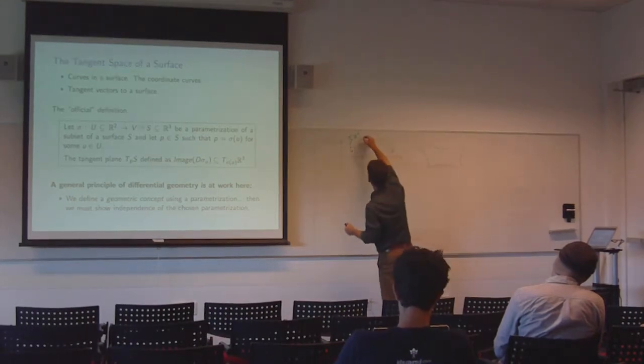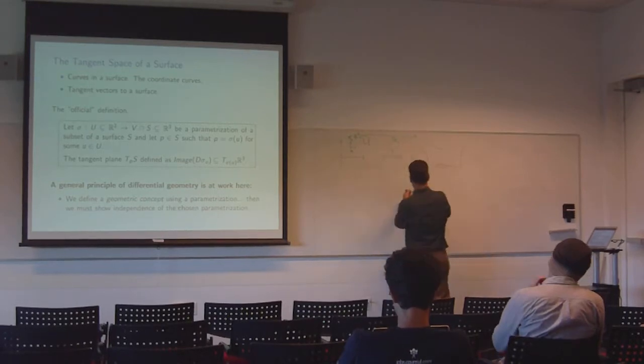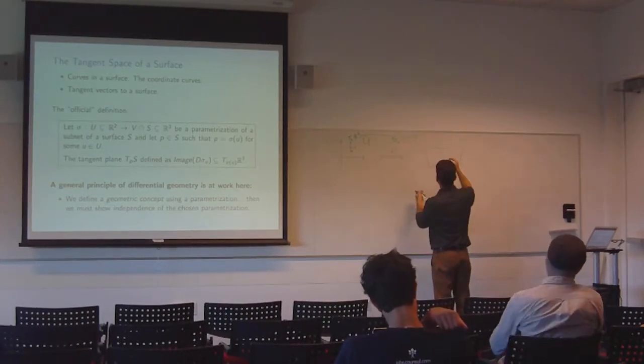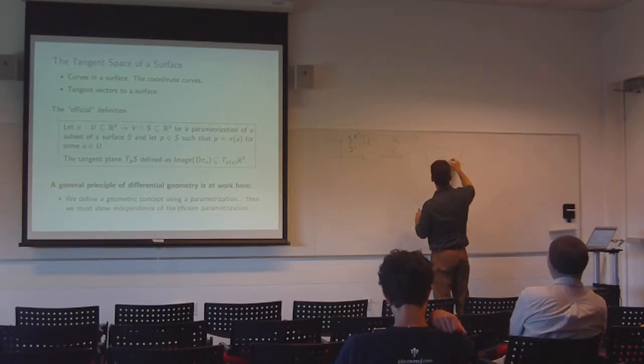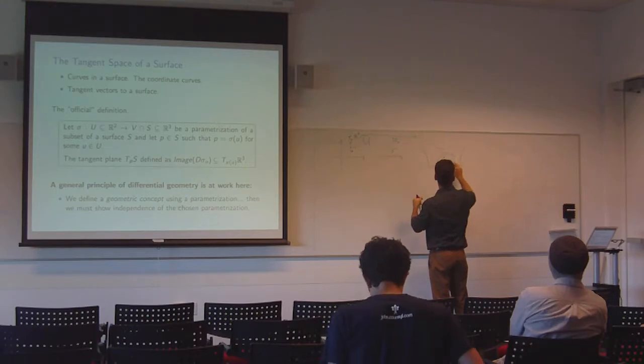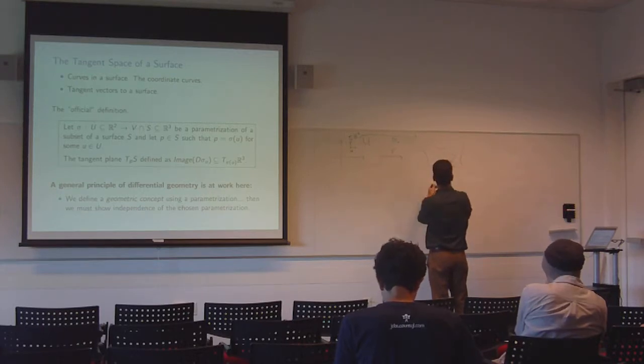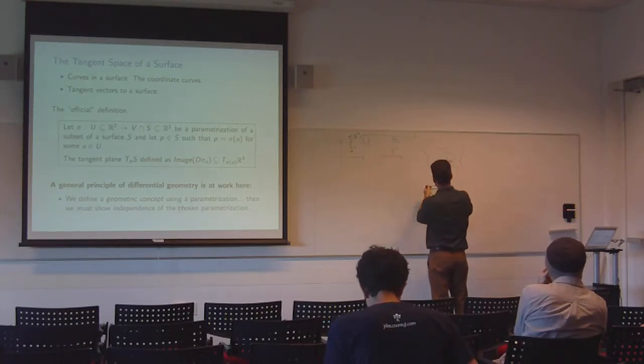And this gets mapped forward under d sigma at u, and over here you get sigma of u, and at sigma of u you get a tangent plane.